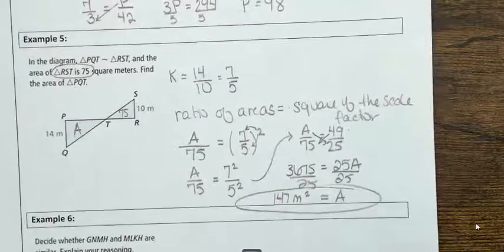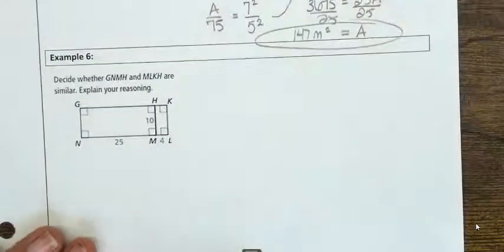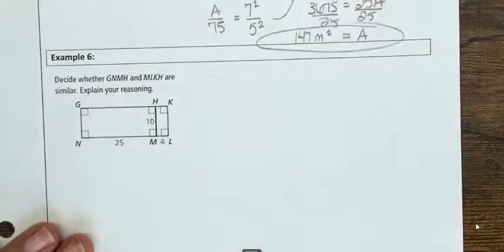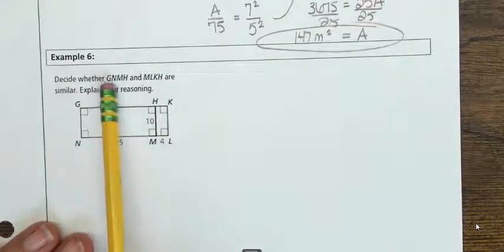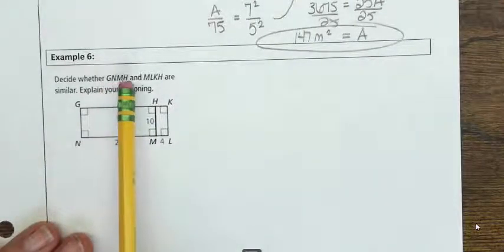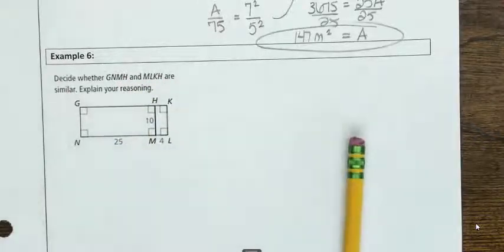Okay, we got one more problem, or one more example, I should say. So decide whether, and these are quadrilaterals here, GNMH and MLKH are similar, and explain your reasoning. Okay, so let's see, I'm going to use some colors.